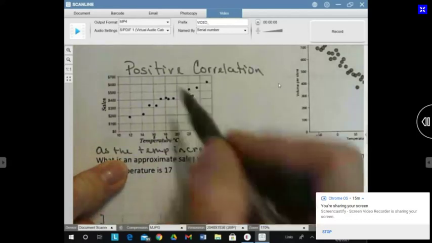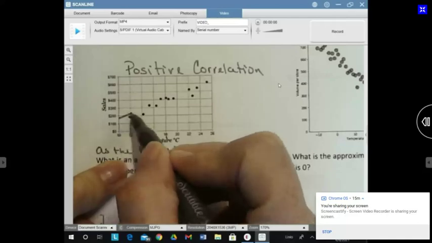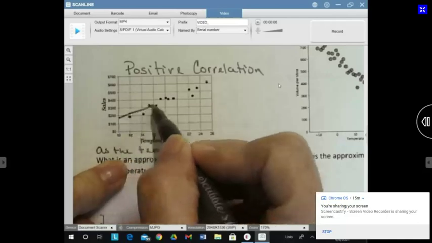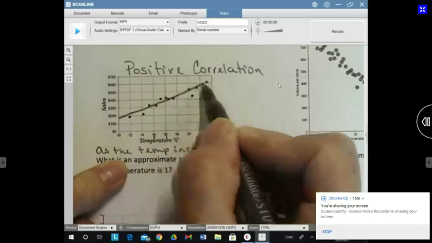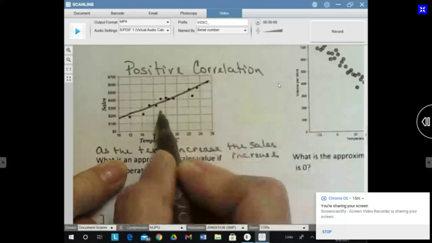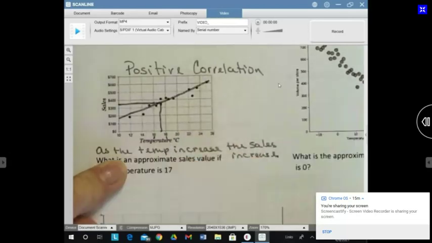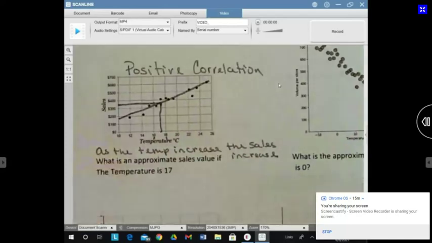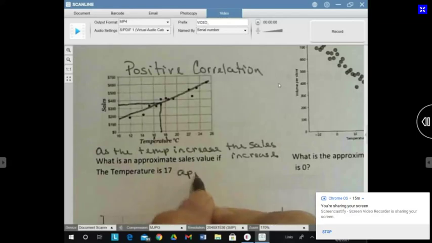If I drew a line of best fit, and I went up to my line, come over to my Y, what would you say? 350? Right, approximately 350.